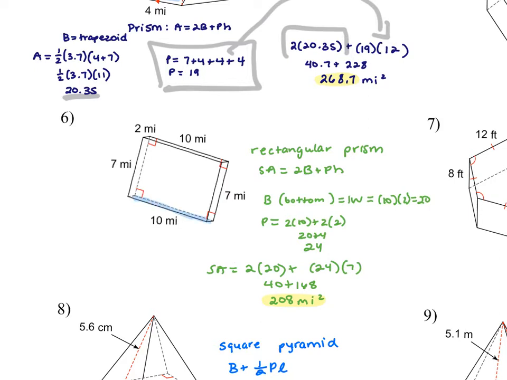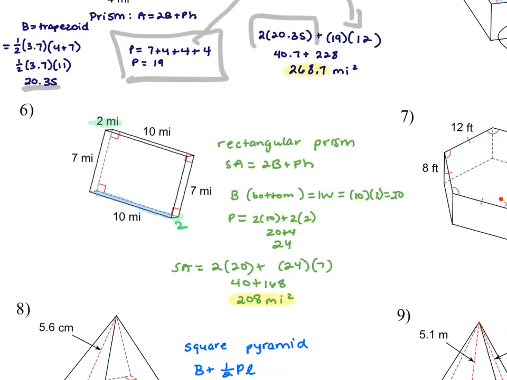So you could see this 2 up here indicated it was the 2 down here. So remember, a formula for a rectangle is length times width or base times height. So the area of the base was 10 times 2, which was 20. And then from there, you could find the perimeter and then multiply it by the height. And then your final answer here is 208 miles squared.